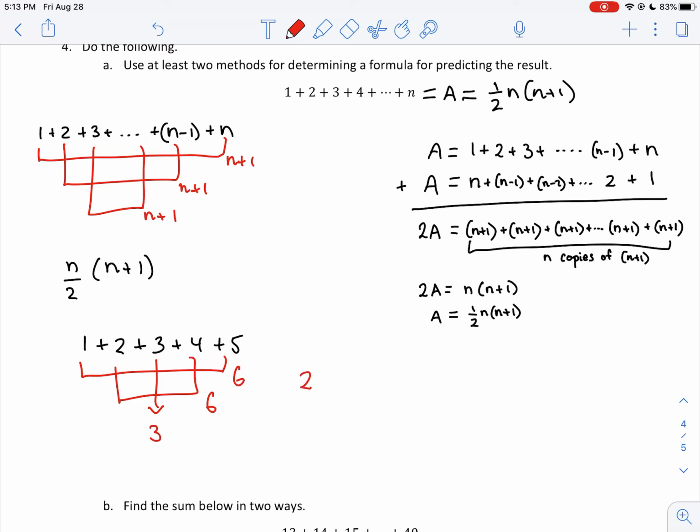But we definitely see that I had 2 6s plus a 3. Well, the 3 is the same thing as a half of a 6. So it's like having 2 6s plus a half of 6. That's like saying you have 2 1/2 6s, which is the same thing as saying 5 halves 6s. So the formula still works. You do the last number of the list times the next number up and cut it in half.